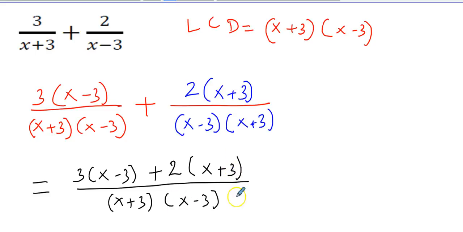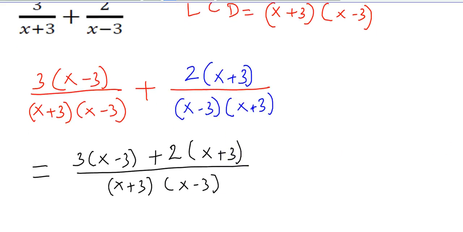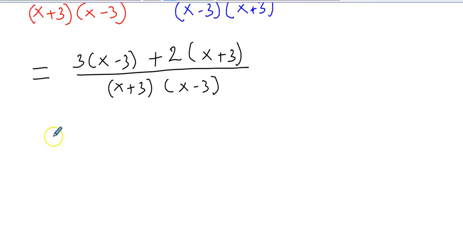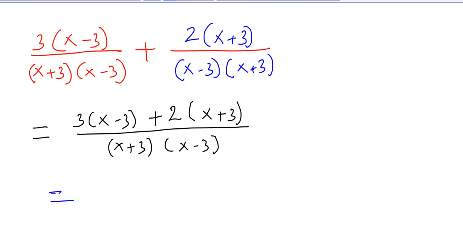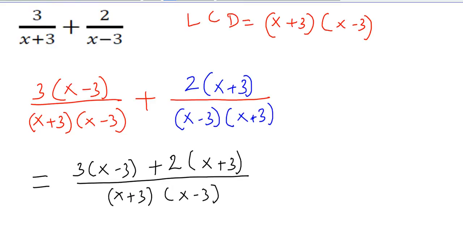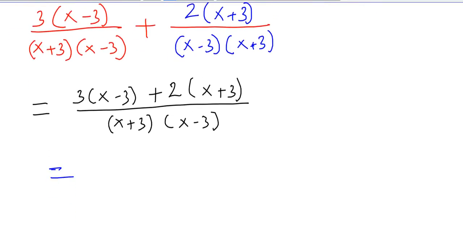Now you can simplify the numerator further. How do you do that? So once we reach this step, that the 3 over x plus 3, you all got it, no? Plus 2 over x minus 3, that is simplified to this form, and then we can't leave it right there.